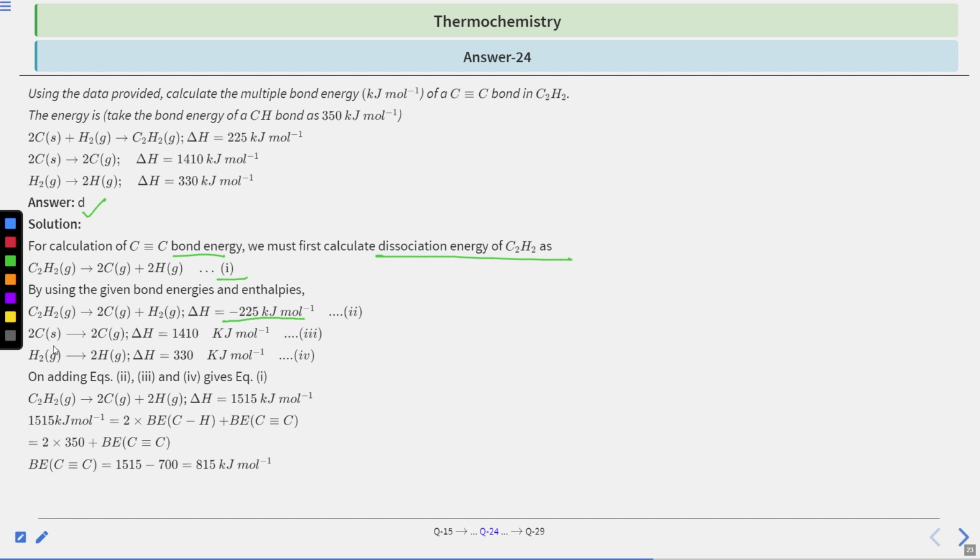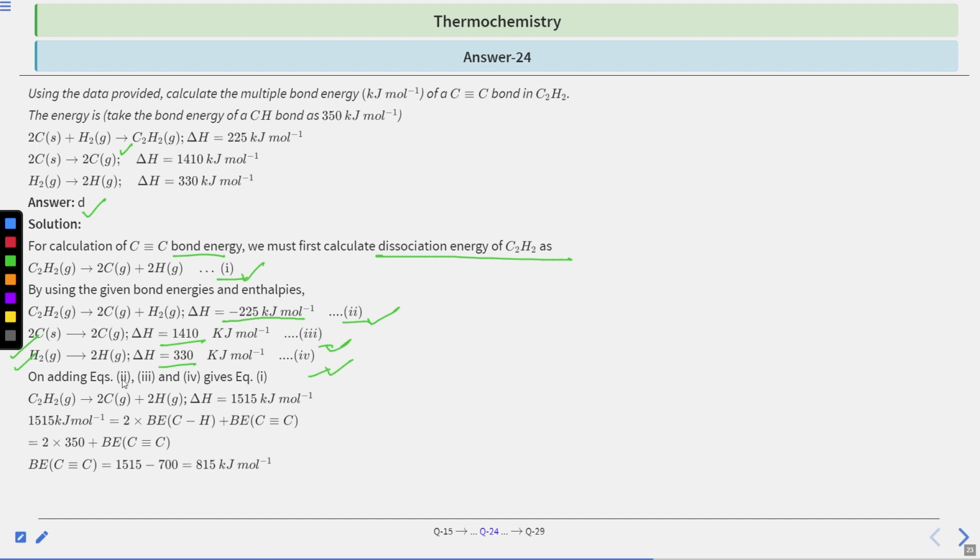We just reverse this equation given in the question, and the rest two equations are the same as given in the question with their del H, and we represent them as second, third and fourth. On adding equations second, third and fourth, it will give the equation first.